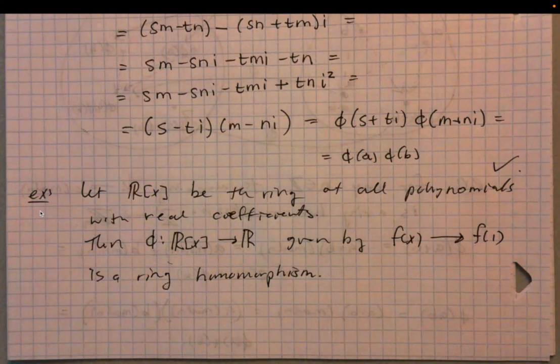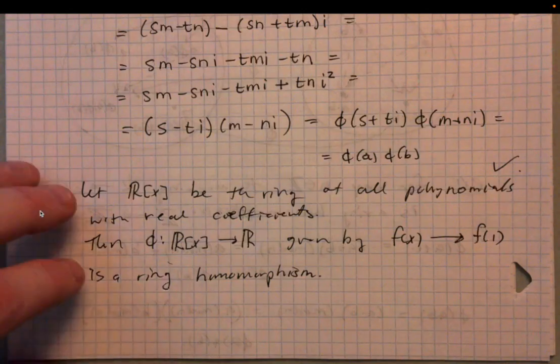All you do is evaluate the polynomial at 1, and in doing so, it maps to the real numbers. It's a homomorphism, right? So obviously, a lot of polynomials would map to any given real number, right? So it's not isomorphic, but it is a homomorphism, right? So kind of a clever example there. Okay. How about a little bit of a counter example?